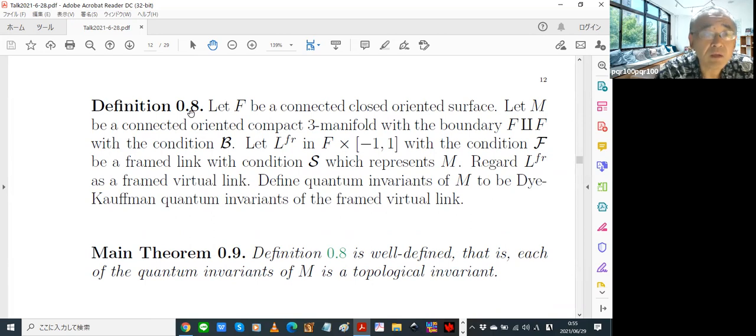Definition 0.8. Let F be a connected closed oriented surface.